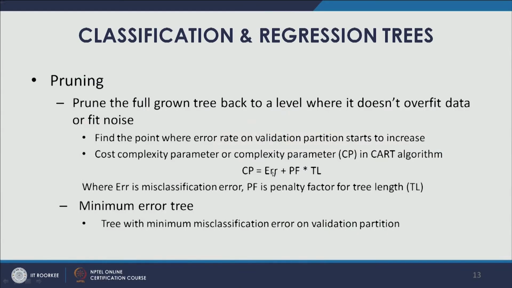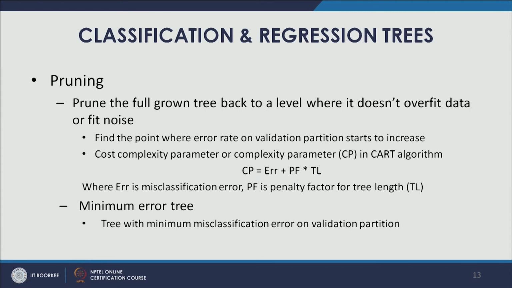CP is the error, that is the overall misclassification error, plus PF into TL. PF is the penalty factor and TL is the tree length or tree size. So, for tree size we introduce a penalty factor, and error plus this penalty gives us the CP value.